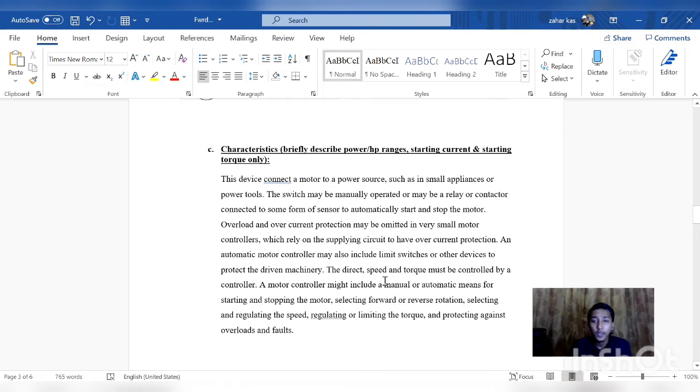The direction, speed and torque must be controlled by a controller. A motor controller might include a manual or automatic means for starting and stopping the motor, selecting forward or reverse rotation, selecting and regulating the speed, regulating or limiting the torque, and protecting against overload and faults.